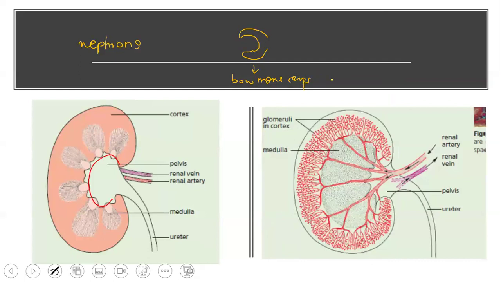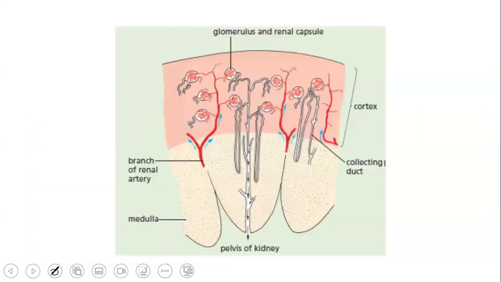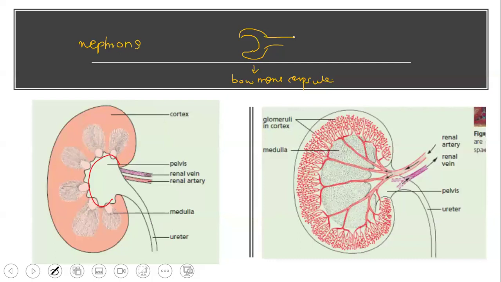Then what happens is that the Bowman's capsule continues on to give you a loop-like structure.